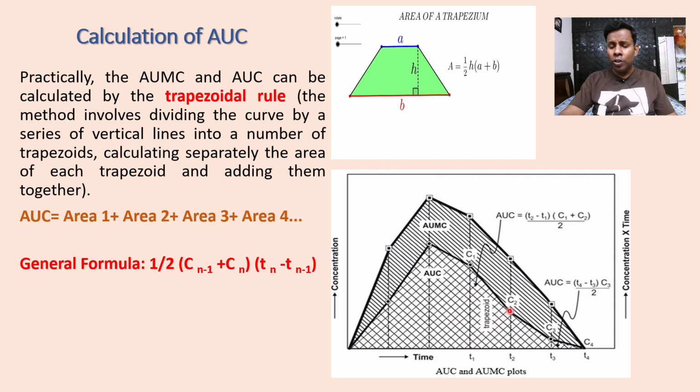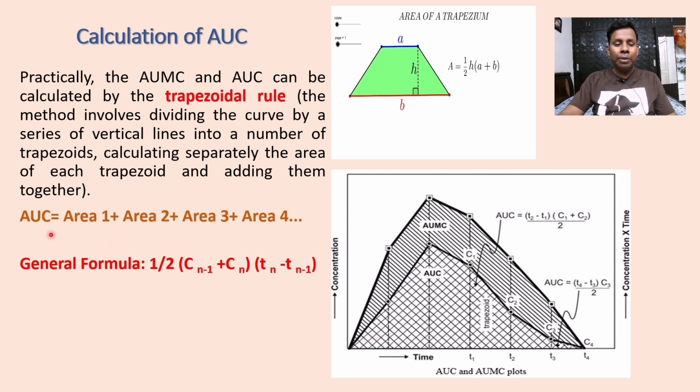If you draw these vertical lines, this AUC can be divided into a number of trapezoids. This is trapezoid 1, trapezoid 2, trapezoid 3, like that. Then if you find the area of each of these trapezoids and add them all, this will give the total area under the curve.